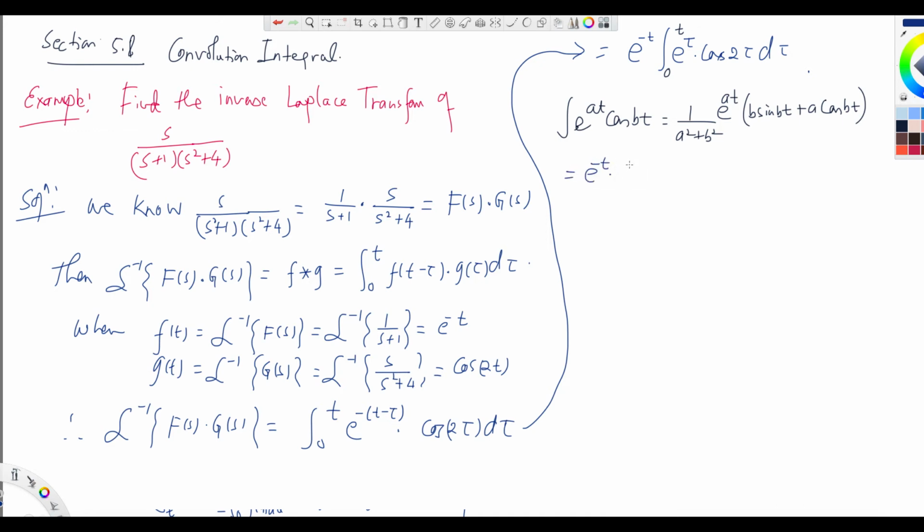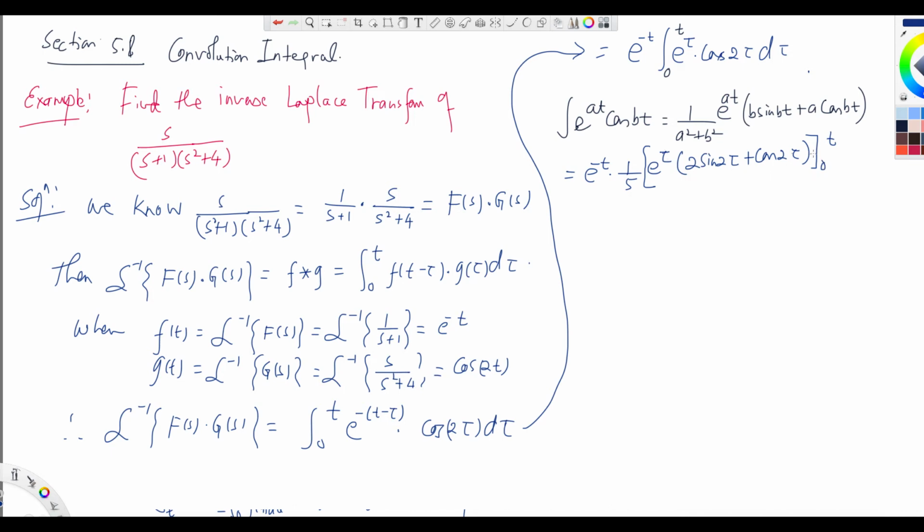So 1 over a square plus b square, where a is basically 1 and b is 2, so 1 over 5, and e to the tau, because there is d tau there. Let me write it this way so that I can plug in the limits later: 2 sine 2 tau plus cosine 2 tau. You see that? And then the limits are 0 to t.